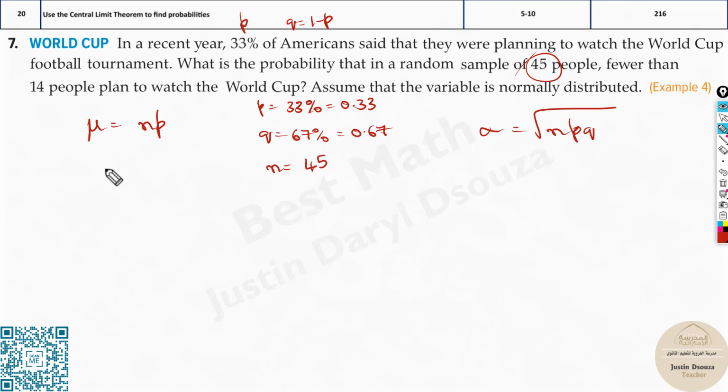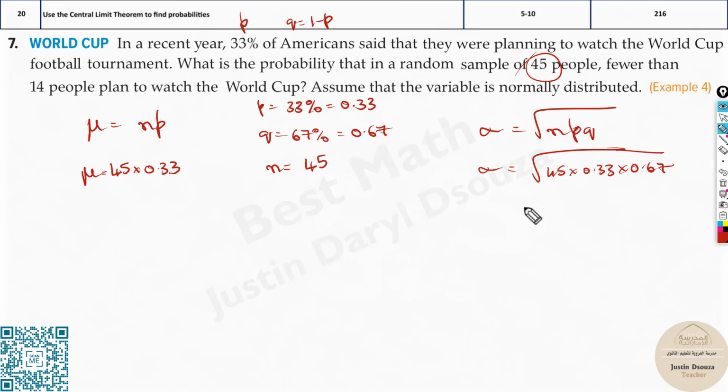Now we can easily find the mean and sigma, the standard deviation. The mean is 45 times 0.33, whereas the standard deviation is the square root of 45 times 0.33 times 0.67.